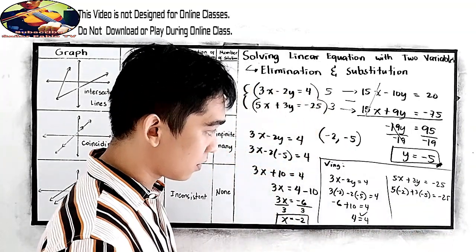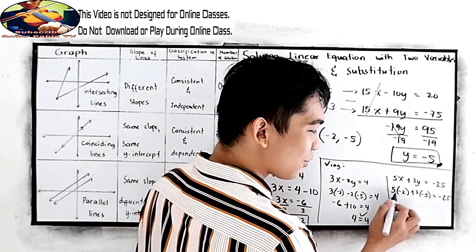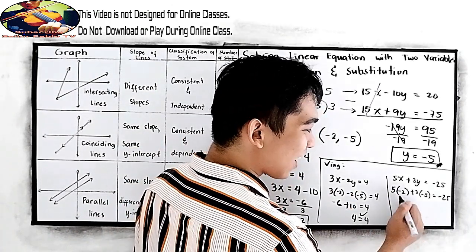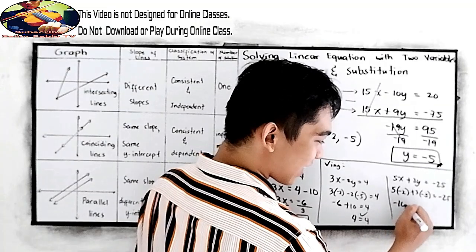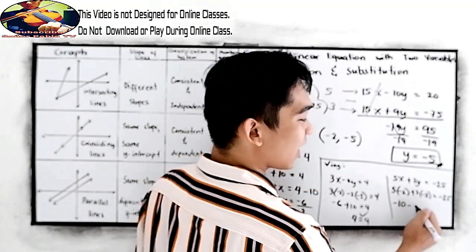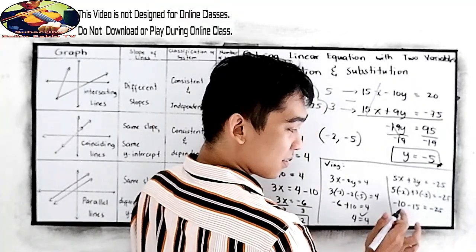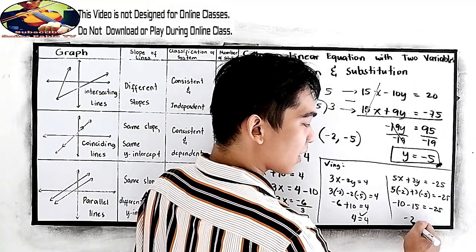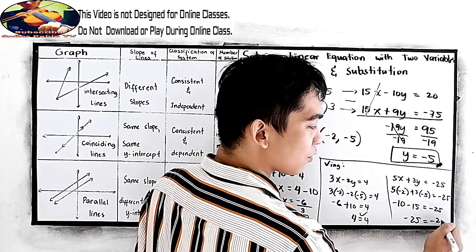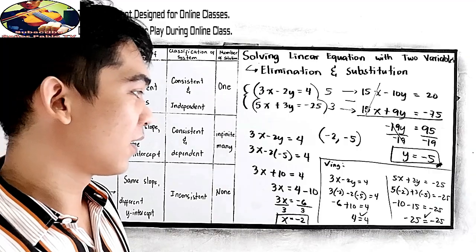Be careful in substituting the value for the x and y. So 5 times negative 2, negative 10. 3 times negative 5, negative 15 is equal to negative 25. Negative 10 minus 15, negative 25 is equal to negative 25. Which is also true.